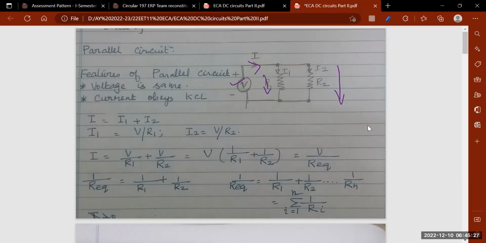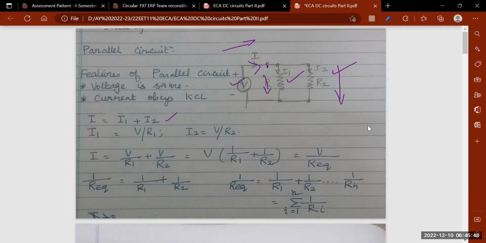Okay. So the current obeys KCL, right? At this junction, the current entering is I and the current leaving is I1 and I2. Therefore, I can write my KCL as I is equal to I1 plus I2.